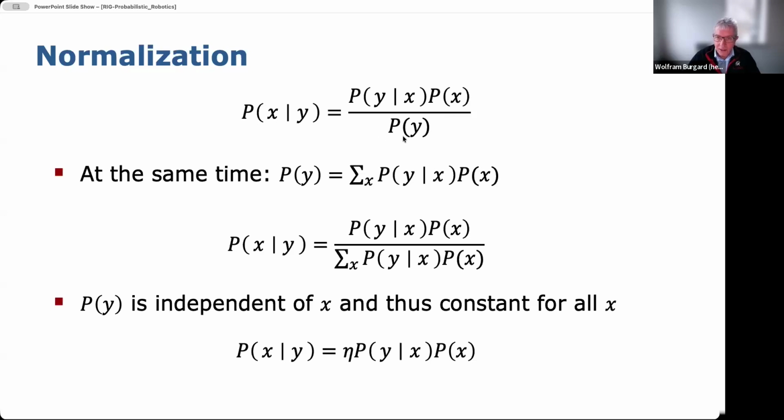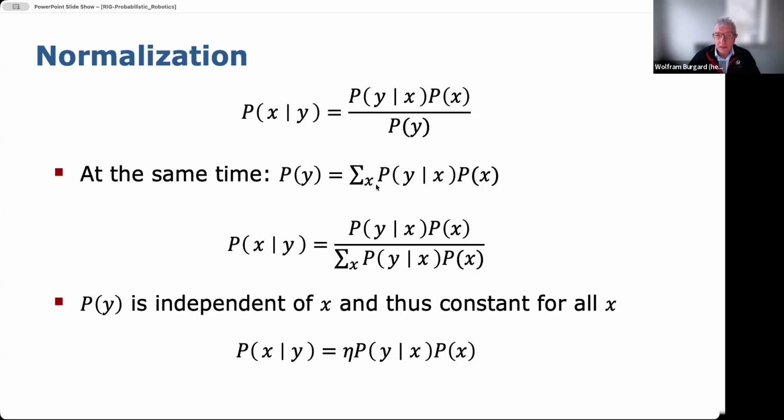Turns out that this term down here, P of y, does not contain x. So we are typically interested in the probability distribution over all potential states of a system. In localization, it's all potential positions of the vehicle, given all the data that we gathered. And this P of y, the probability of all this data, is independent of where the vehicle actually is. We can see this, that x doesn't appear in here.